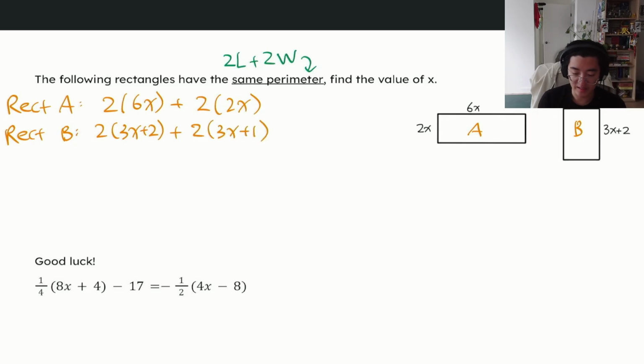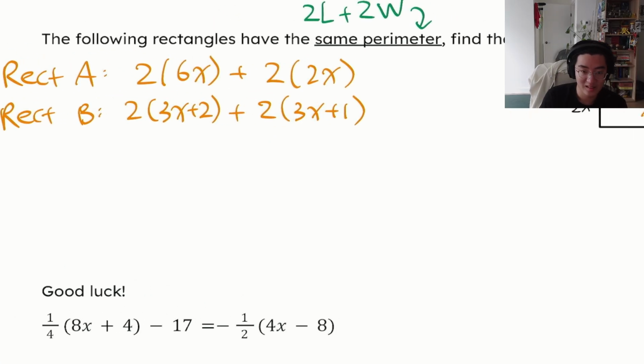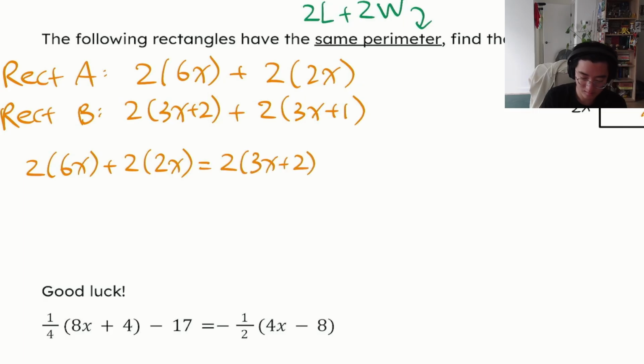Okay, and now they have the same perimeter, which means that those two should equal each other. So all of this is equal to each other, both rectangle perimeters. Okay, let's expand everything out.